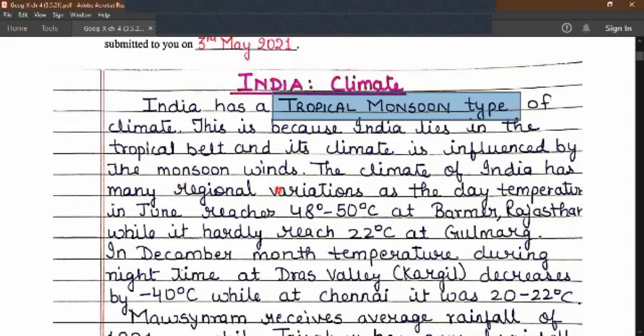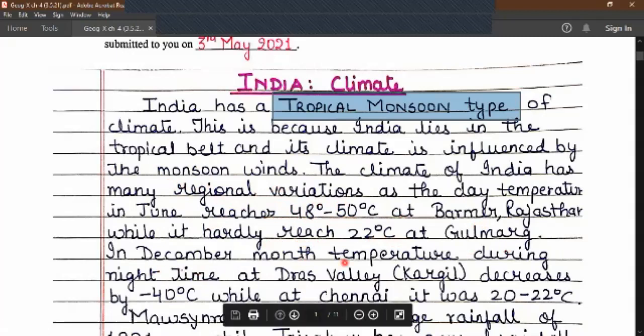The climate of India has many regional variations as the day temperature in June reaches 48 degrees to 50 degrees Celsius at Barmer, Rajasthan, while it hardly reaches 22 degrees Celsius at Gulmarg.